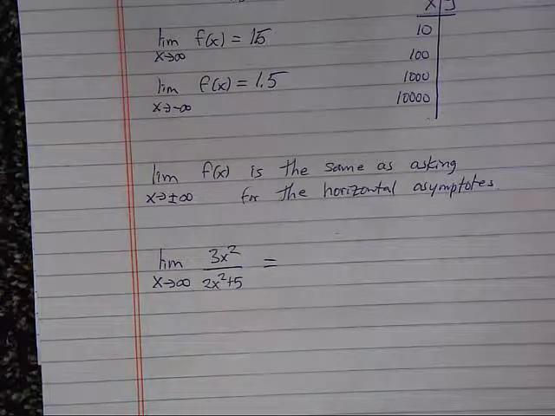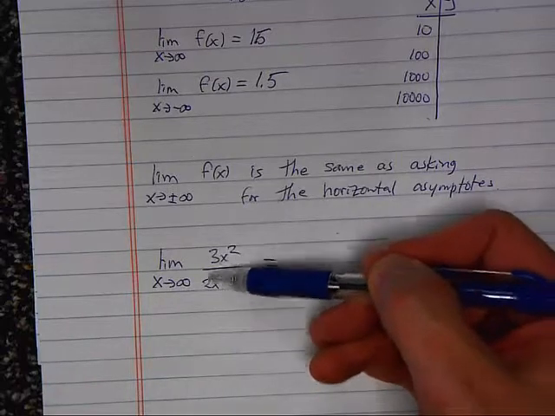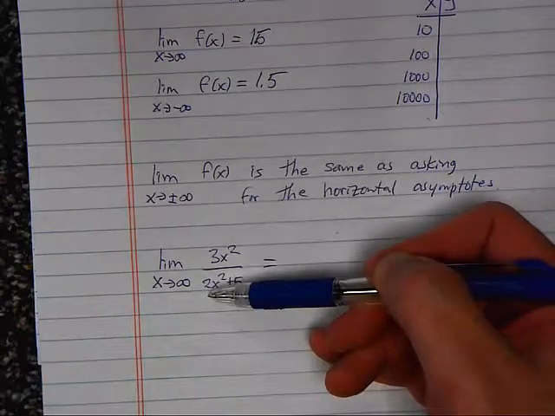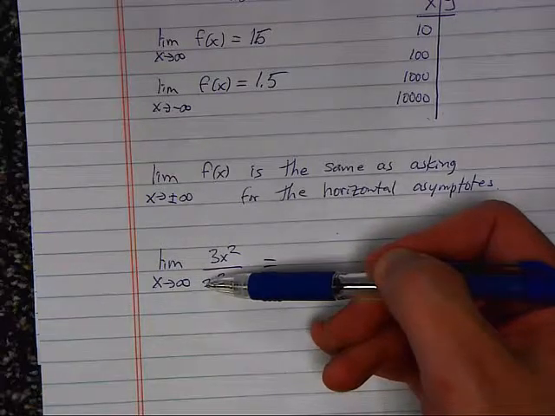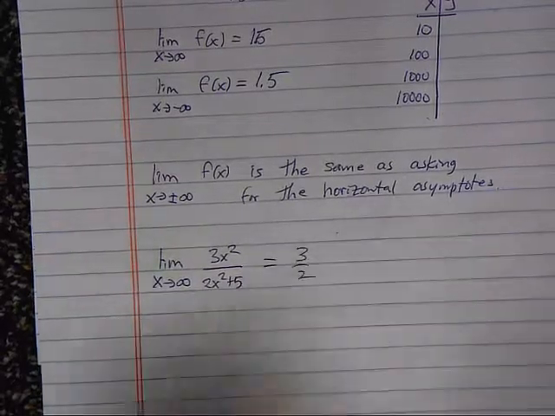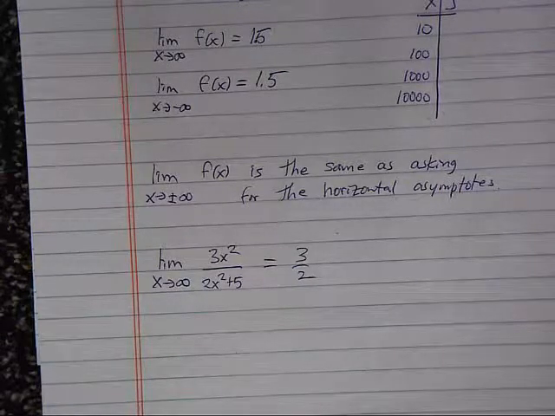Those powers are the same. Since those powers are the same, I really just use the ratio of the leading coefficients. I think he said numbers out front. The fancy math words are leading coefficients. So James looked at that right away and said, the answer's got to be 3/2. And he's absolutely correct.